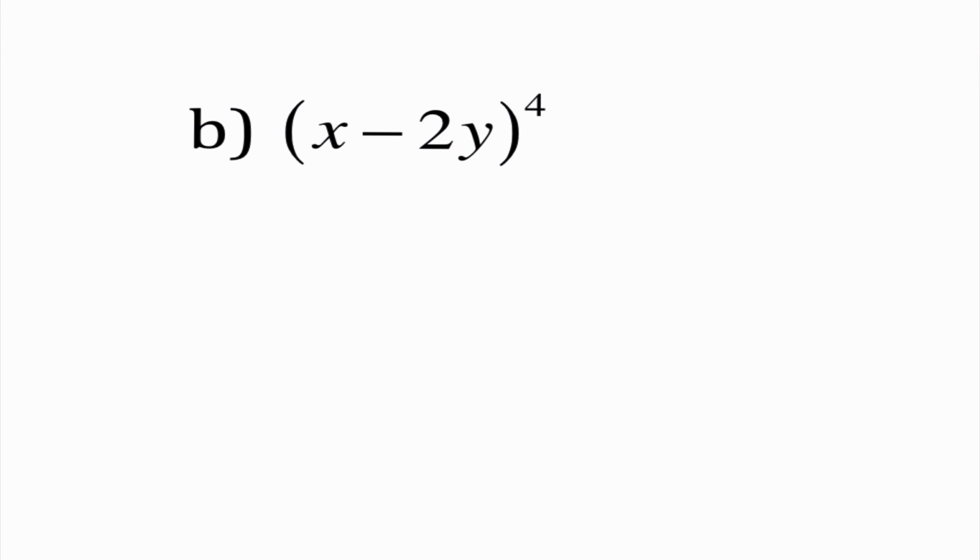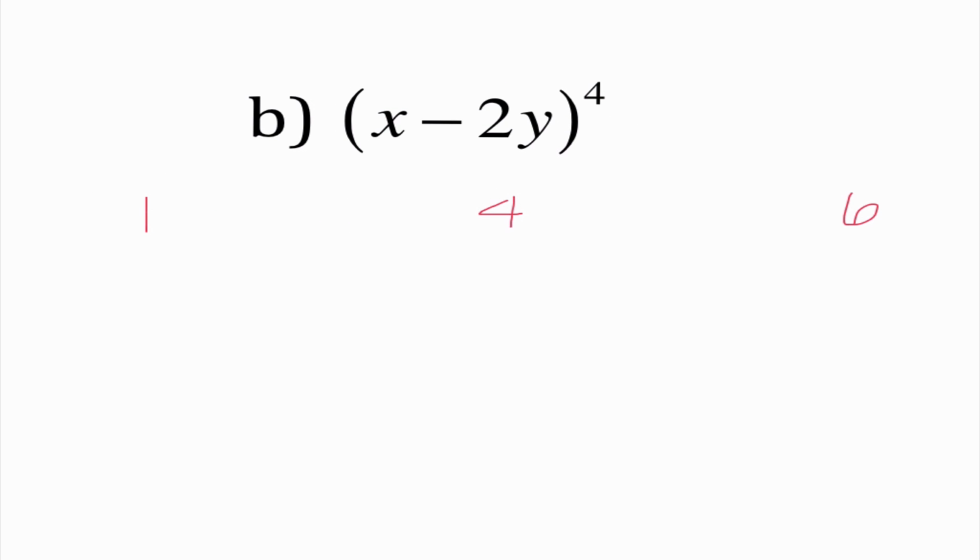Okay, for B, we have x minus 2y to the 4th. So once again, we already said our coefficients are going to be 1, 4, 6, 4, 1. Okay, my first term, x.